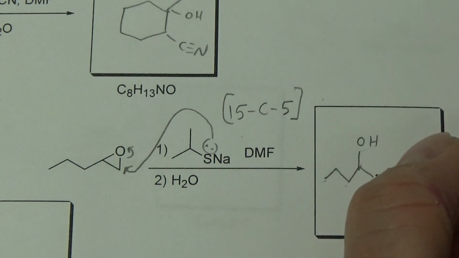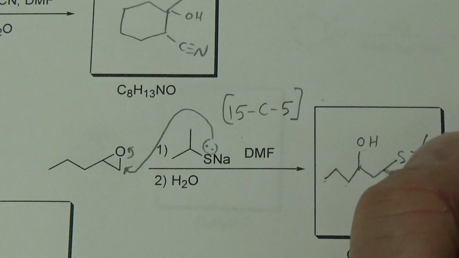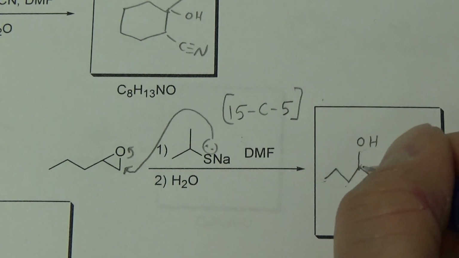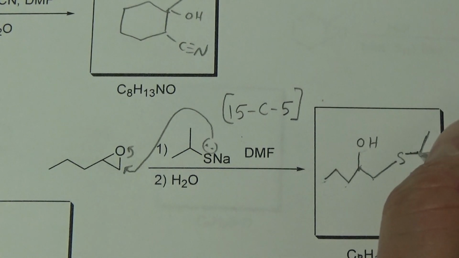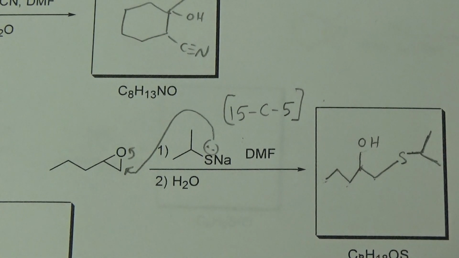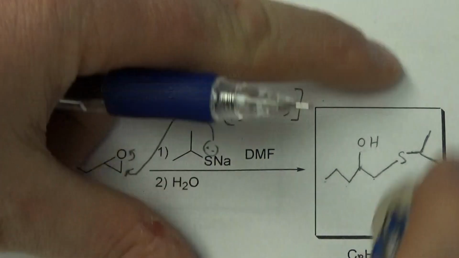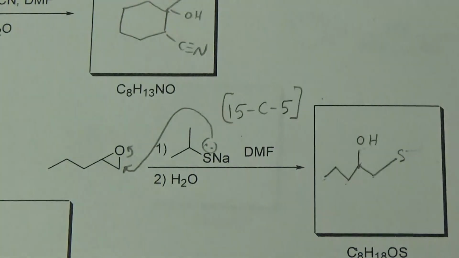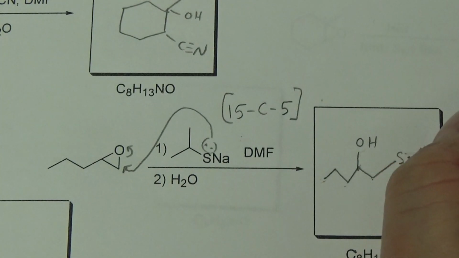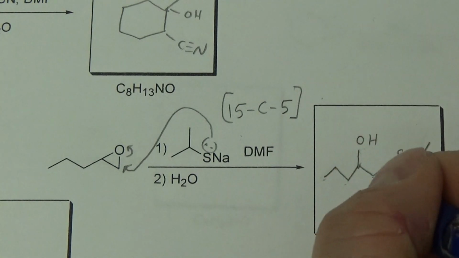So let's make sure we draw a nice bond to sulfur. Now we still see our 5 carbons, sulfur, and then the 3 carbons of the isopropyl group. My bond is a little funny, let's fix it. There we go. What functional group is that? It's a sulfide.